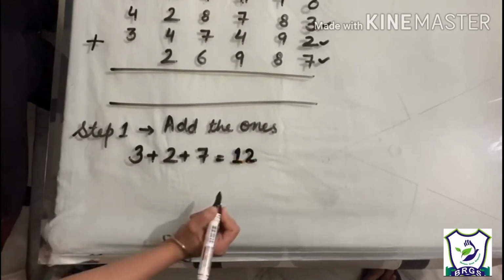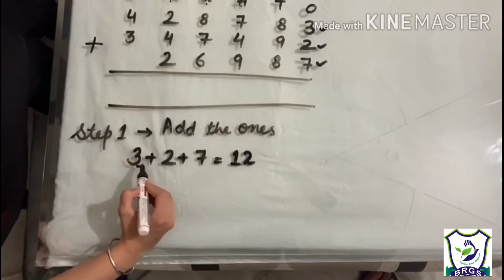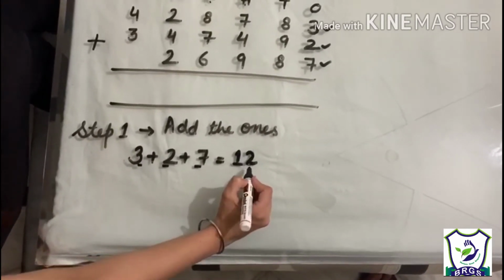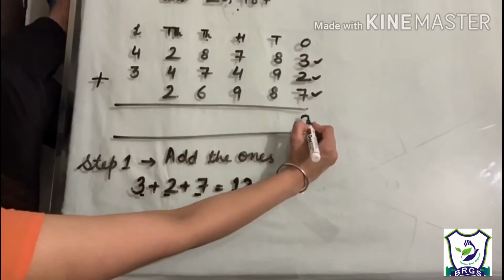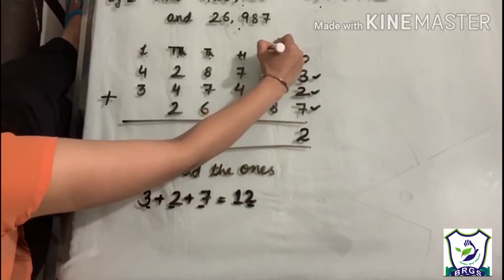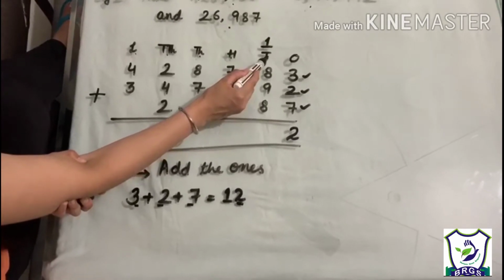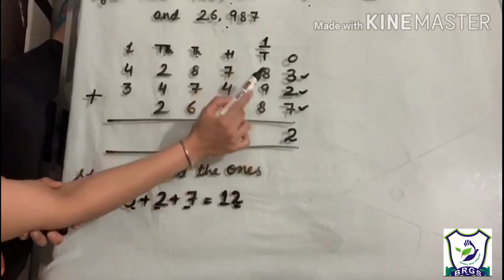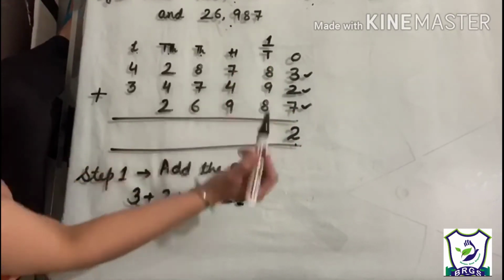Now we will write the 2 in the ones column and carry over 1 to the tens column. We know now this is the tens column. So when we add the ones, it becomes 12, so we write the 2 in the ones column and carry over the 1 to the tens column.